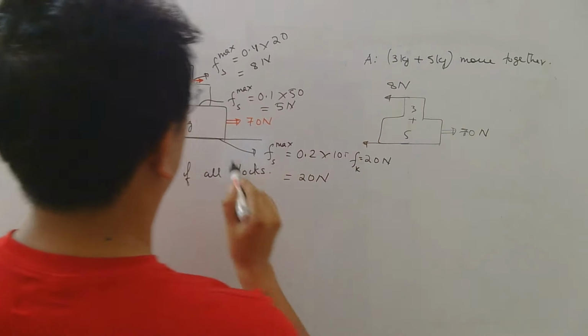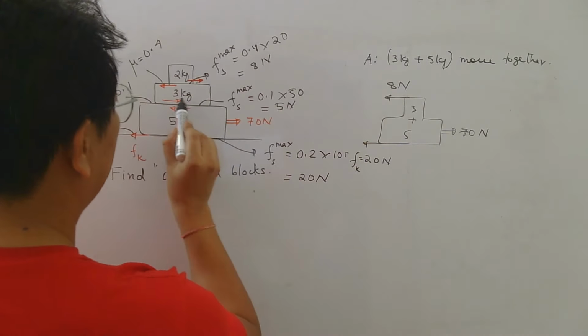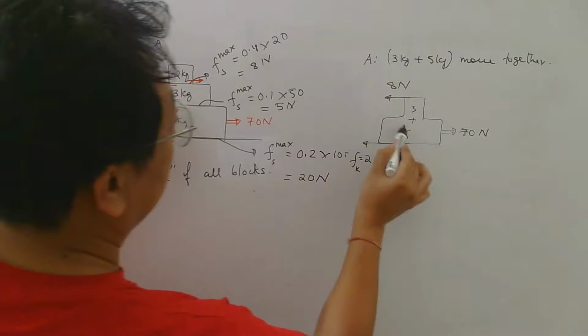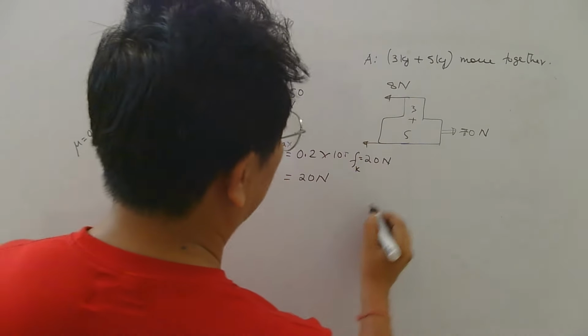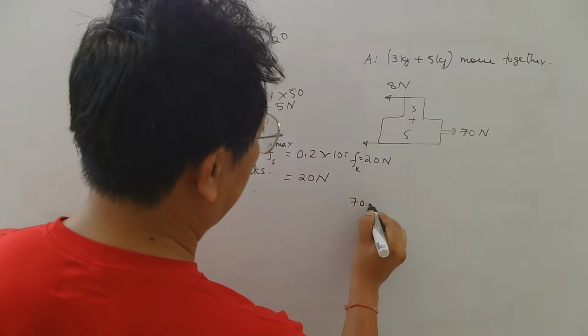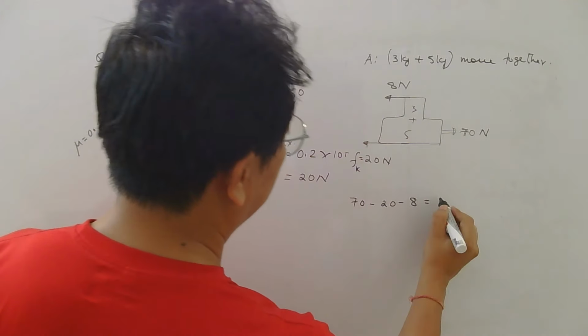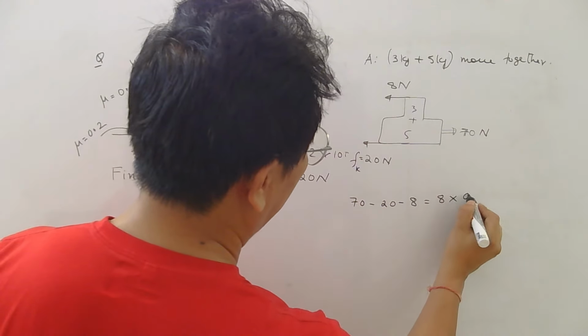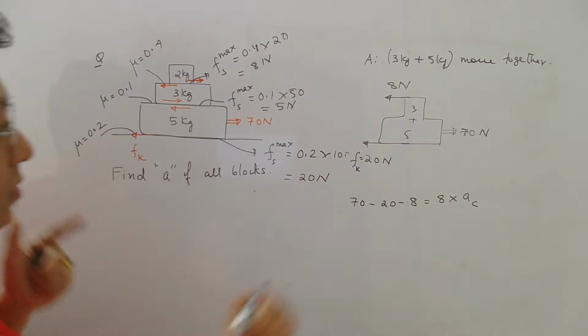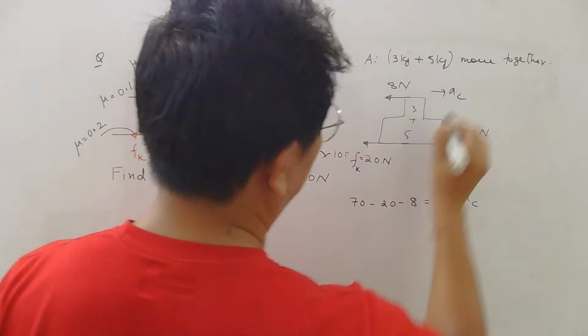Remember, this 5 Newton here is an internal force, so no need to include it. So total force will be what? 70 minus 20 minus 8, that will be the mass of the system, 8, into A common. A common for whom? 3 kg and 5 kg.